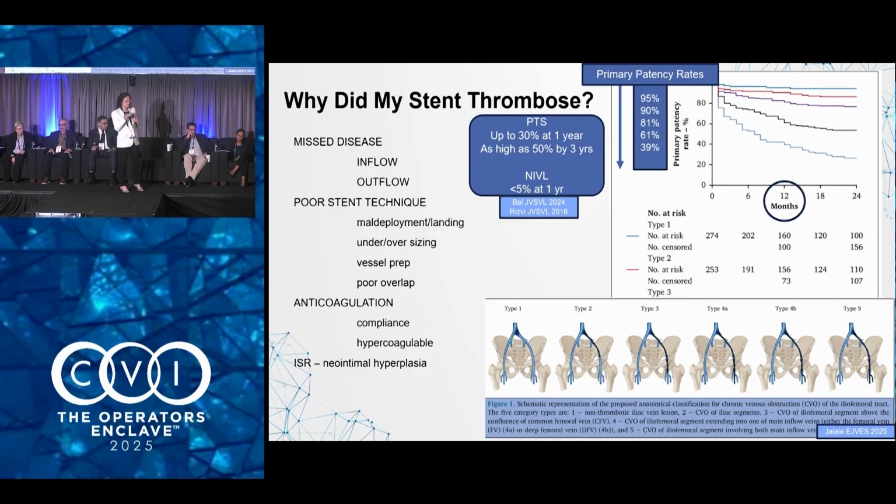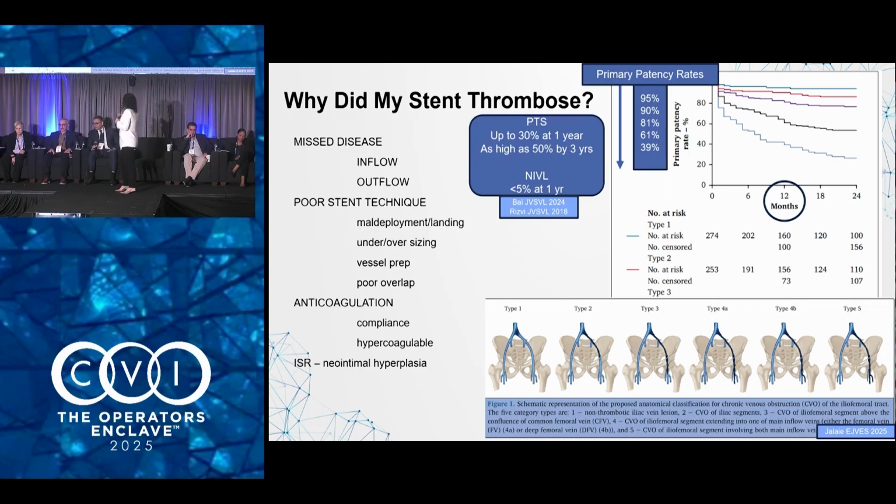Then there's type 2 and 3, which include the common iliac, external iliac, down to the common femoral vein, and the patency rates are as low as 81%.